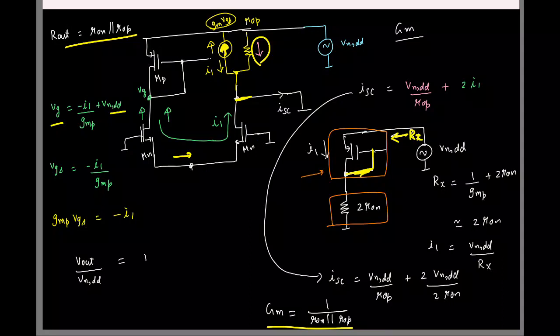But now I am also getting some response due to any variations in the supply. So this is bad, and there is a term to quantify this, and that is called power supply rejection ratio, or PSRR.